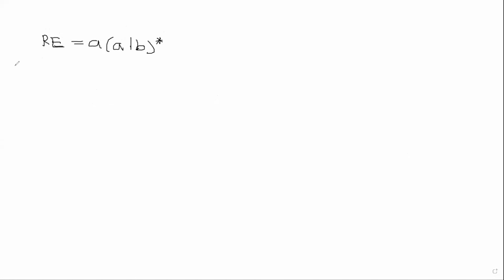So for finite automata, I will draw the NFA first for this expression, because drawing NFA with null moves is easy for me, and then I will convert it into its equivalent DFA. So I will be drawing the diagram.